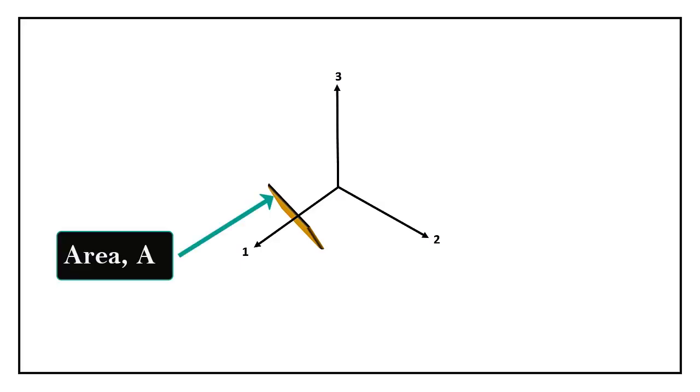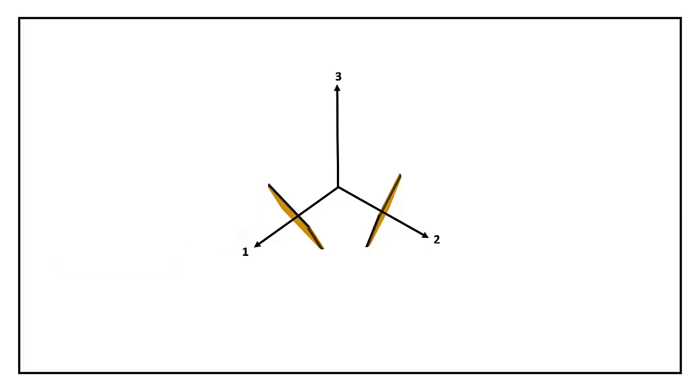In this figure, three axes are chosen: axis 1, axis 2 and axis 3. Now, the orientation of any arbitrary area may be perpendicular to axis 1 or axis 2 or axis 3. So, the orientation of area is not arbitrary and therefore it is a vector quantity.